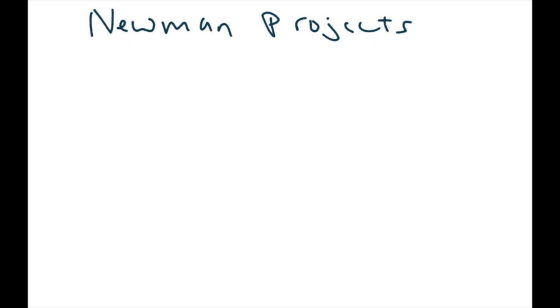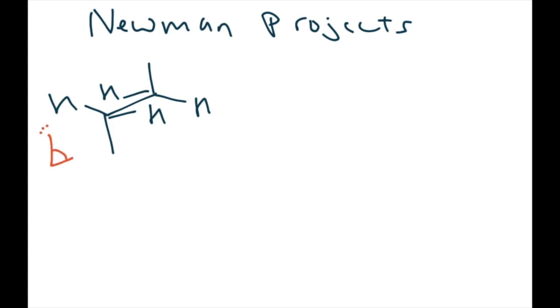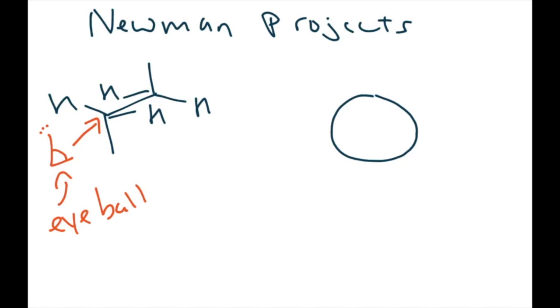Again, I'm going to draw the sawhorse projection here. So if it looks like this in the sawhorse, this is what we just had. The Newman projection, this is an eyeball. You are looking at it right down that bond. That's the Newman projection. So what you end up seeing is this right here, effectively this carbon.